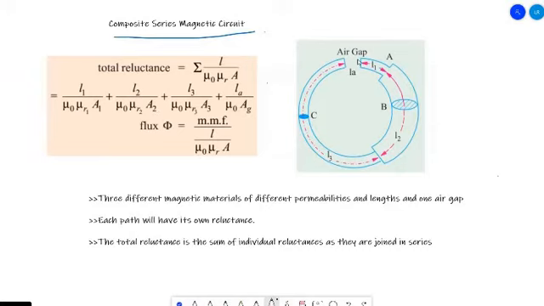Even through the air, there will be magnetic lines of force passing. So this air gap and its cross section area are also taken into consideration.